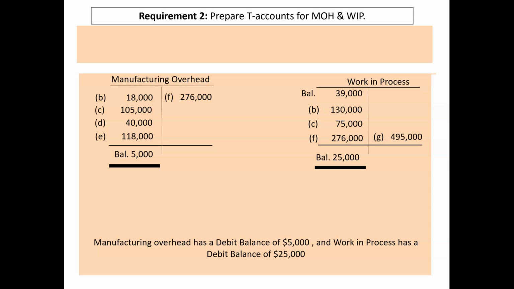The credit side is the applied overhead. Now you see that we still have a balance in manufacturing overhead of $5,000. That $5,000 is on the debit side, which means actual overhead is more than applied overhead. So we under applied our overhead by $5,000.